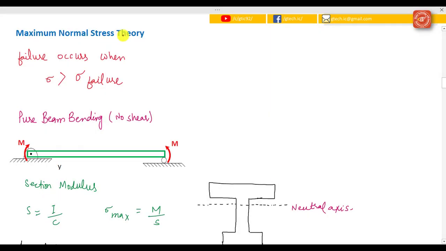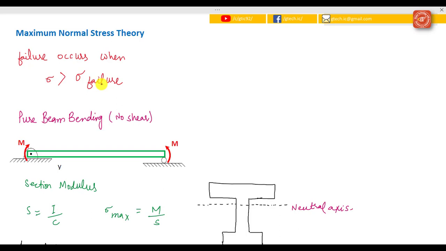Okay, we are going to review now what is called the maximum normal stress failure theory, and we have discussed this theory before. We say that failure occurs when the sigma actual is greater than the sigma failure, the normal stress we define as being the failure stress.